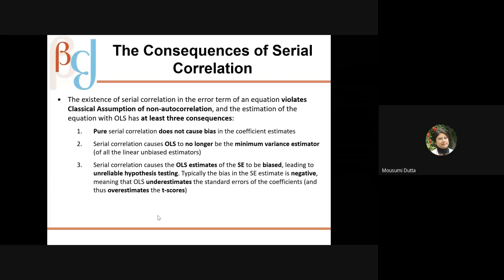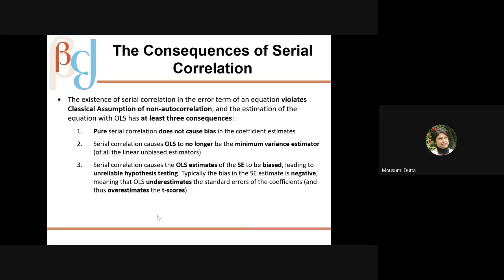The next is consequences of serial correlation. If there is autocorrelation, what will happen? The analysis is very similar to that of heteroscedasticity. The steps will be different. However, the mechanism or analysis is very similar to that of heteroscedasticity. In presence of autocorrelation, you will still find unbiased estimators.